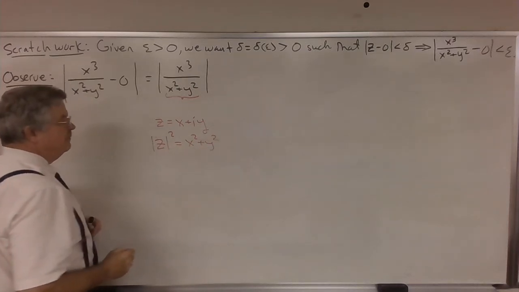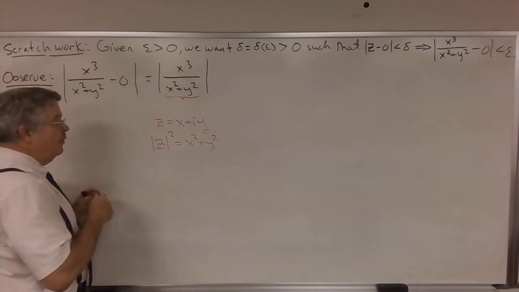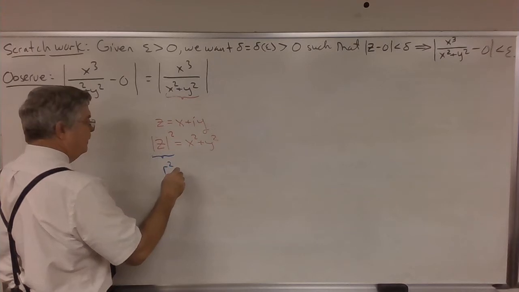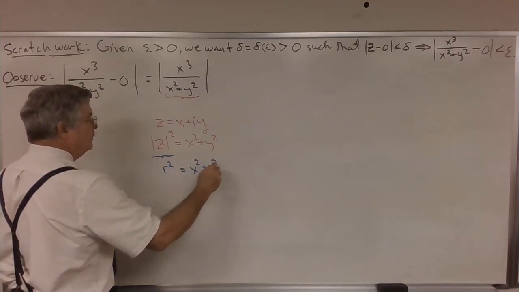So x squared plus y squared is the modulus of z, but we're in the habit of calling the modulus of z r. So r squared equals x squared plus y squared.